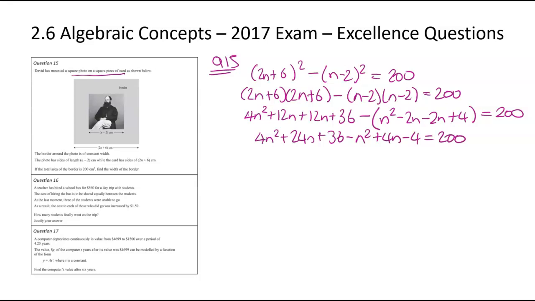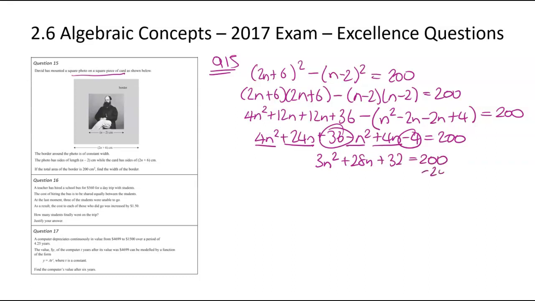I'm now going to group everything in this expression, which I can. I'm going to start off 4n squared minus n squared. That's going to be 3n squared. I've got 24n plus 4n. That's going to be 28n. And then I've got 36 minus 4. That's going to get me to plus 32. And that there is going to be equal to 200.